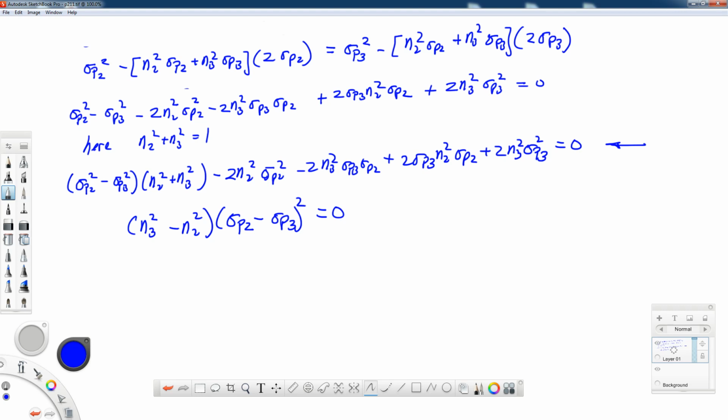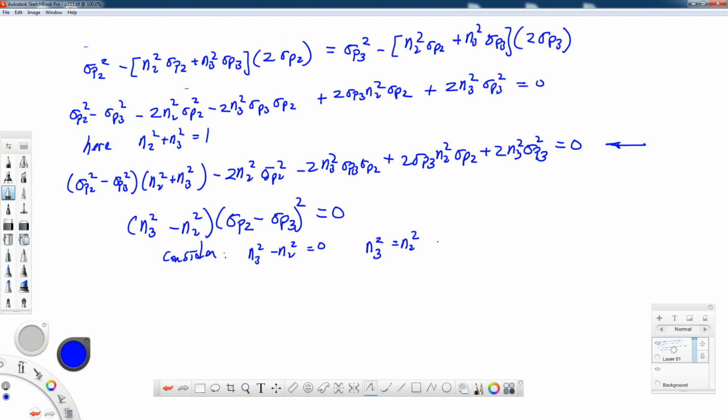The more interesting solution for us is the other one, where n3 squared minus n2 squared is equal to 0. Well, what does that mean? That means n3 squared is equal to n2 squared.